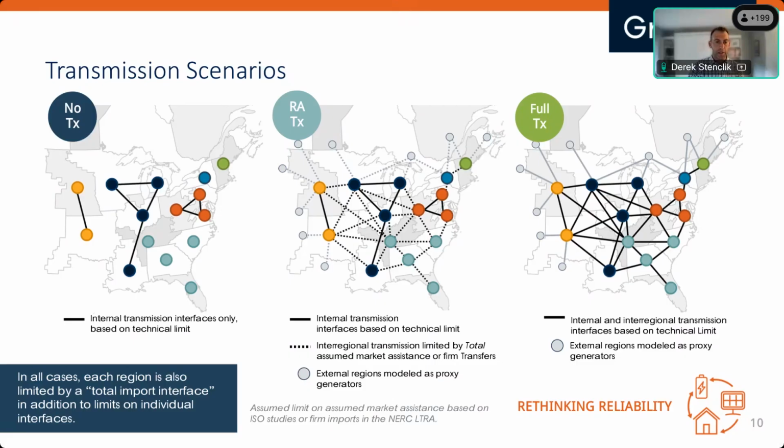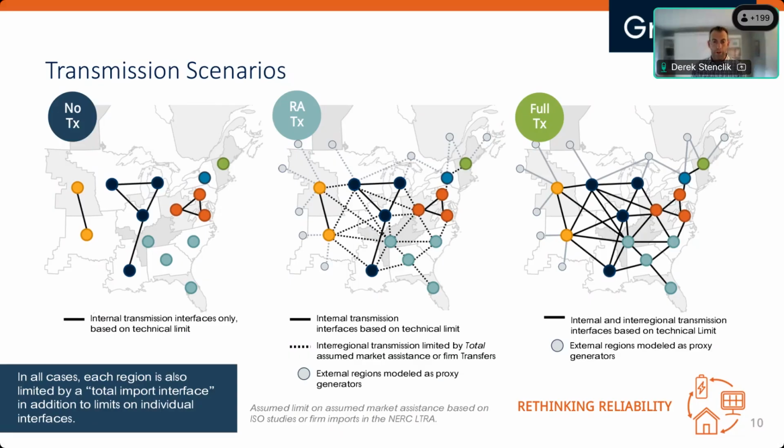In the RA scenario, you'll see the dashed line. So now what we're trying to represent there is we are allowing some imports from the neighbors, but we are applying that artificial limit on the total import that we're allowing into the region. Again, here we're now starting to bring in those external regions modeled as proxy generators. But again, the total amount of imports that are allowed are subject to essentially whatever the ISOs are assuming in their RA studies or what the utilities are assuming in their analysis.